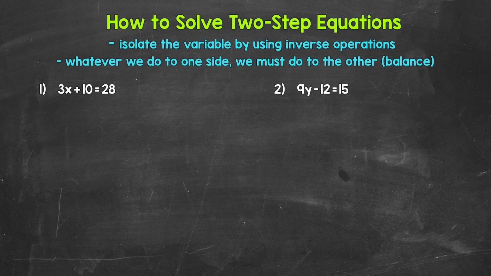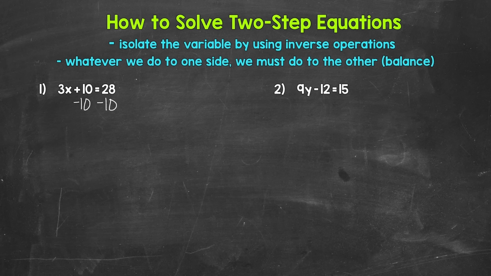We have multiplication and addition. So reverse order of operations here, we need to undo the addition first. What's the inverse, the opposite of addition? Well, subtraction. So let's subtract 10 from the left side of the equation. Whatever we do to one side of the equation, we must do to the other. So subtract 10 from the right side as well.